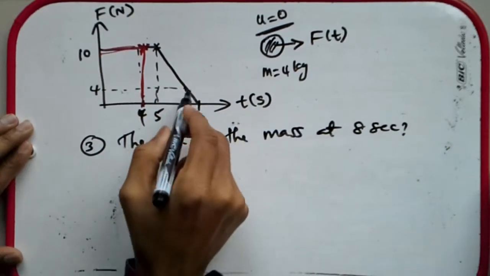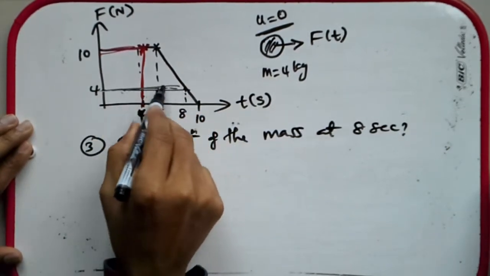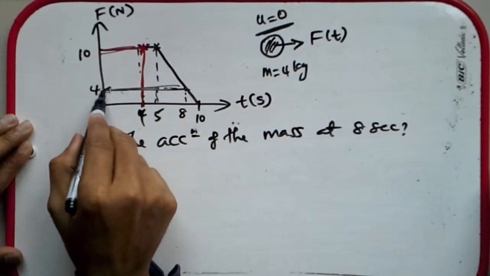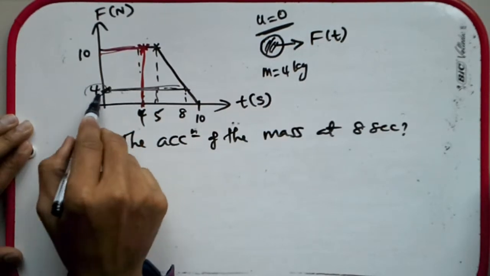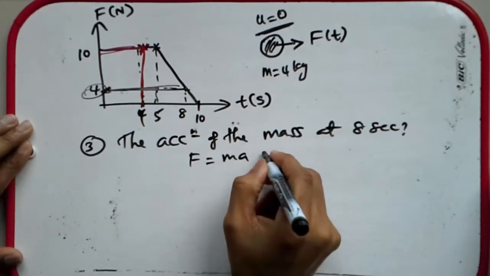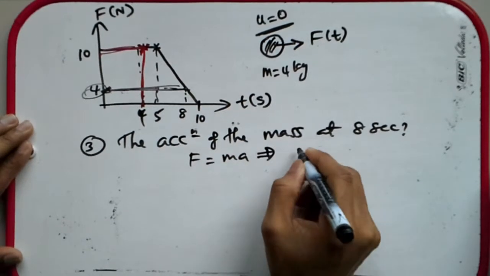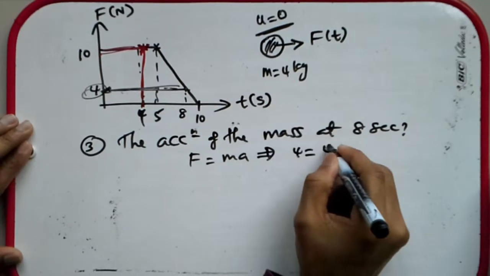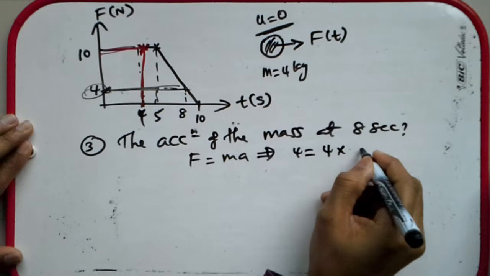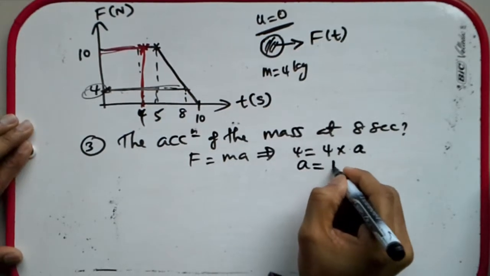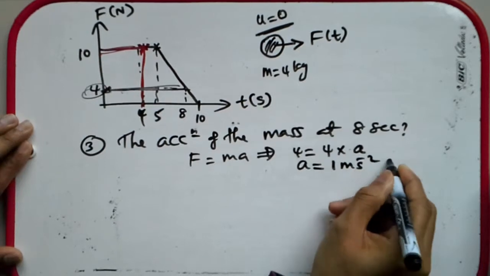What is the acceleration at 8 seconds? So at 8 seconds, the corresponding force is 4 Newton. So I'll use F is equal to ma. This question is a super simple problem. So F is 4, mass is 4 times acceleration a. Therefore, you will get acceleration 1 m s^-2.